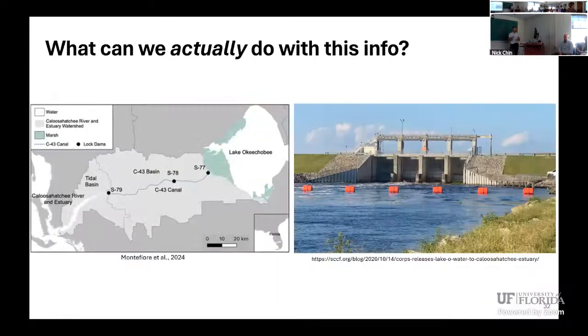Okay, so what can we actually do with this information? So S79, which is where we get our streamflow data from the Caloosahatchee River, is one of the variables that we have control over, because the discharge from that is controlled by the Army Corps of Engineers.